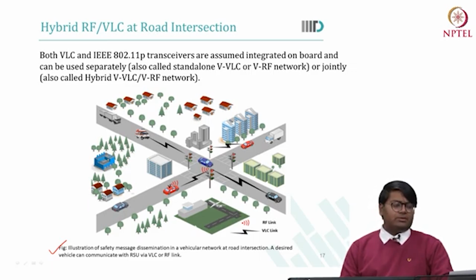Now the roadside unit is assumed to be positioned at the crossroads. The roadside units for IEEE 802.11p are already installed, while the roadside units for VLC can be considered integrated in the road lamps or the traffic light.